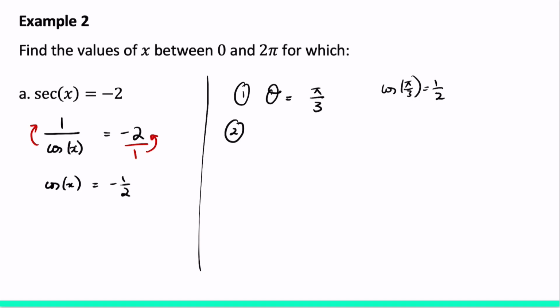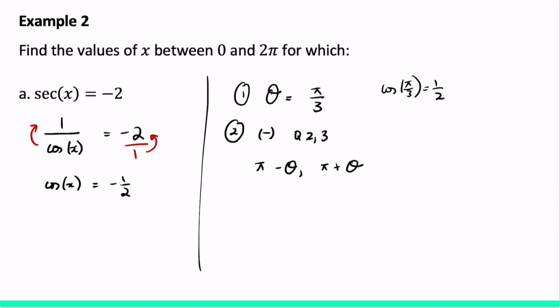Now the second thing I need to consider is which quadrants does this occur in? Because it's negative, we know that cos is negative in quadrant 2 and in quadrant 3. So what are the rules for quadrant 2 and 3? That's pi minus theta and pi plus theta.